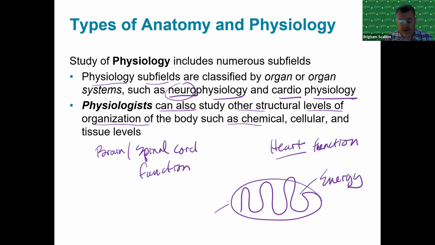This drawing usually reminds people that it is the mitochondria. The mitochondria is the organelle found in each living human cell that is responsible for converting our food and oxygen into energy. So physiologists can study the function of the mitochondria, and that's studying cellular physiology.